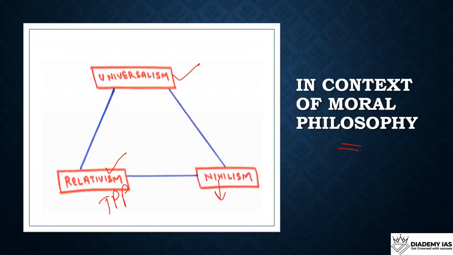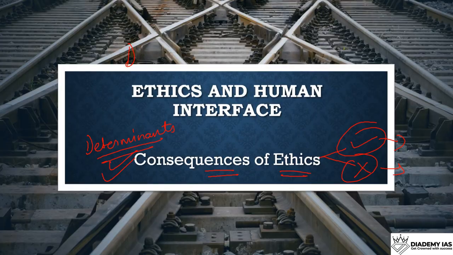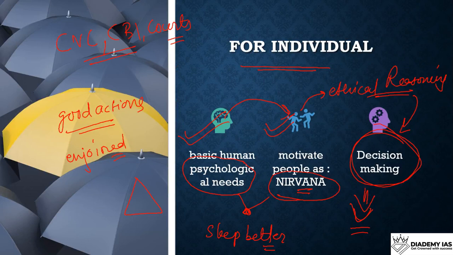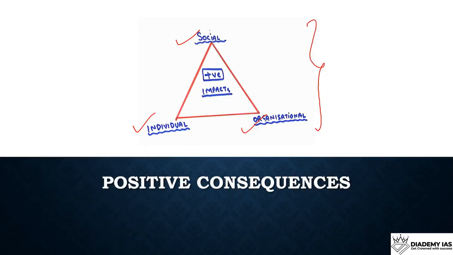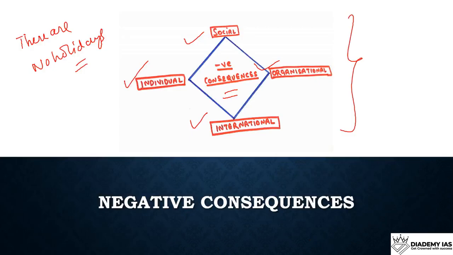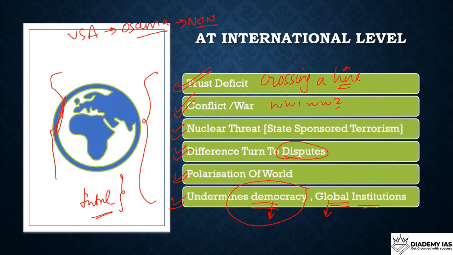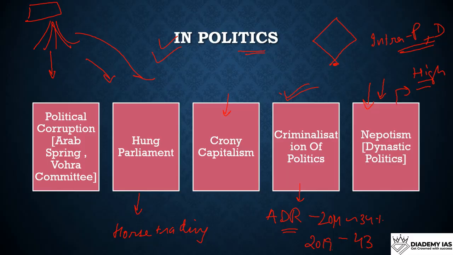Then in moral philosophy we understood the three schools of thought: universalism, relativism, criticism of relativism, nihilism. Then we saw consequences of ethics, what happens when you follow and when you don't follow, in a structure. Please remember that structure, it will help you recall things: individual, society, organization. Then we saw negative consequences of not following the ethics at individual, social, organization, international, and political level.